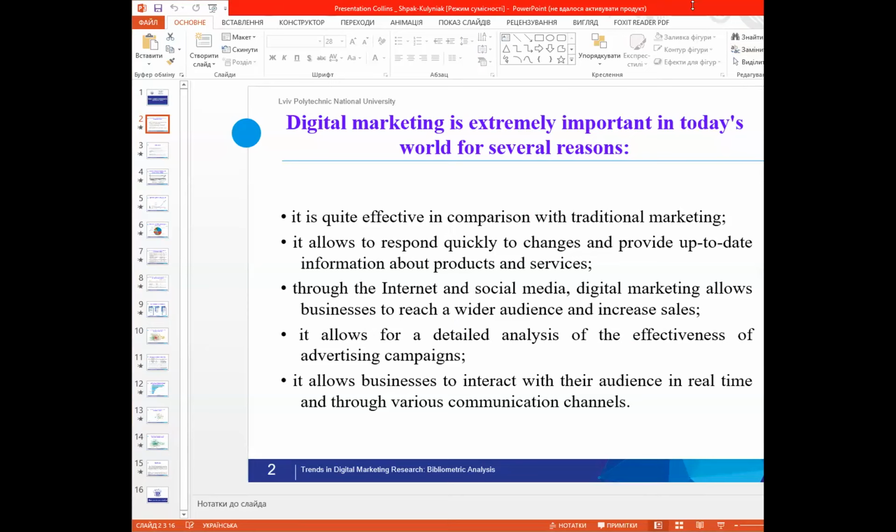It allows businesses to respond quickly to changes and provide up-to-date information about products and services. Through the internet and social media, it allows businesses to reach a wider audience and increase sales. It allows for a detailed analysis of the effectiveness of advertising campaigns, and allows businesses to interact with their audience in real time and through various communication channels.